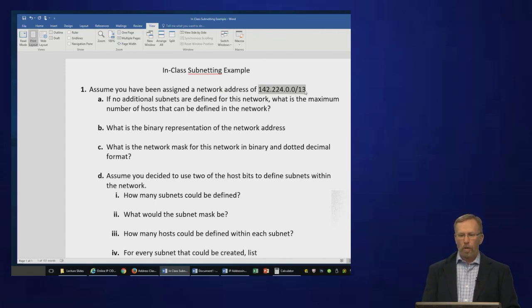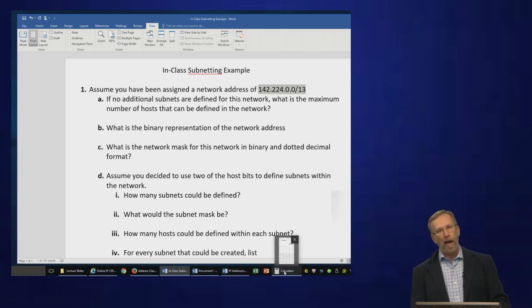So I have 13 bits identifying the network, which means the other 19 bits are available to assign to host. So I need to do 2 to the 19th power to see what my number of host is.